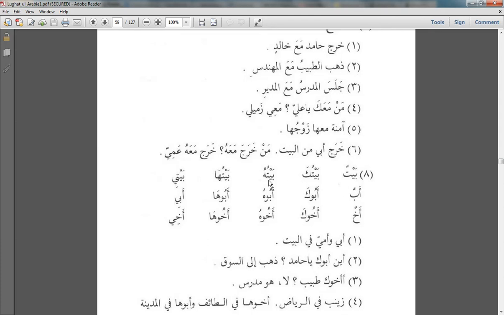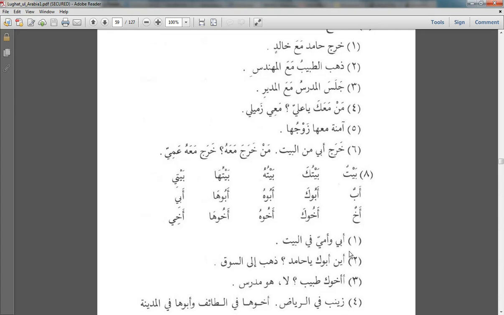Baytuka, your house. Baytuhu, his house. Baytuha, her house. Bayti, my house. Abun, however, you have to put a waw in the middle. Abuka, abuhu, abuha, except for the wahid mutakallim, in which case you would just say abi. And the same thing with akhun, akhuka, akhuhu, akhuha, akhi.